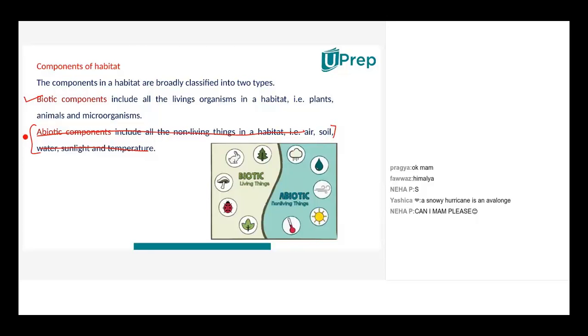Neha is saying that the biotic components will not survive if the abiotic is taken away. Why? Ma'am, because air and soil are very important. All of these components are very important. So when both of them come together, only then a habitat is formed.